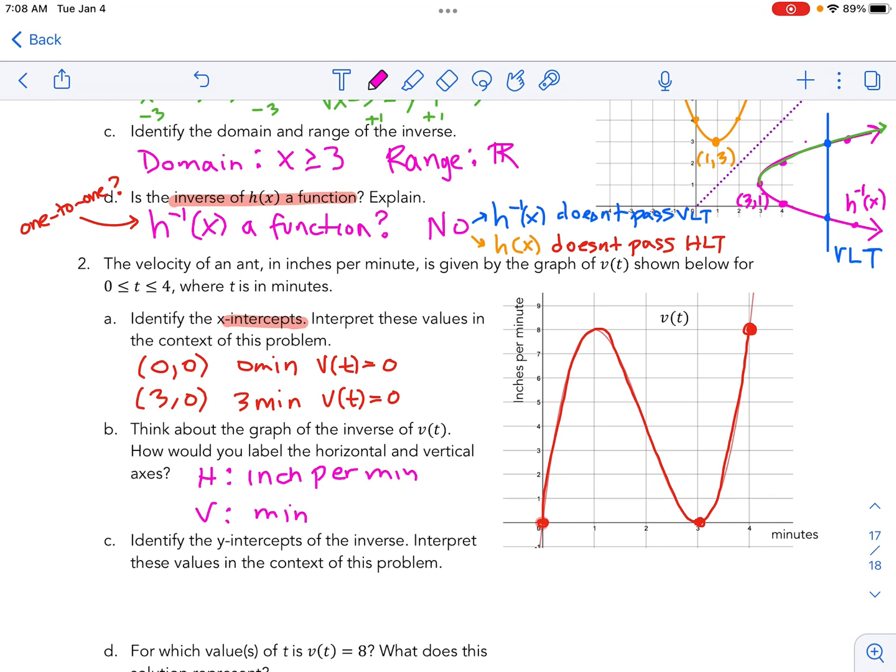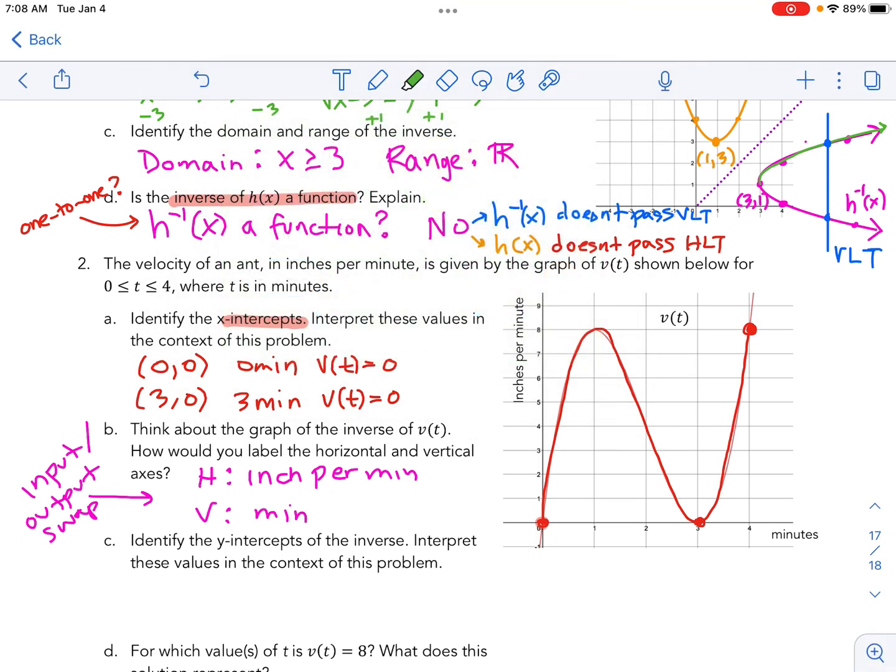Those would swap. And so we have that input/output swap going on there. And C says identify the y-intercepts of the inverse.